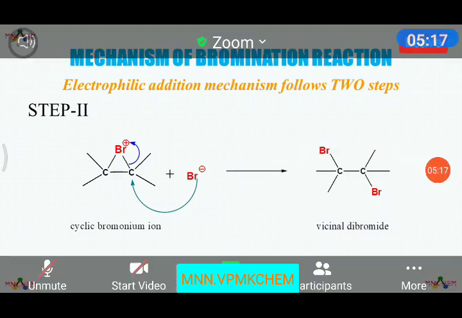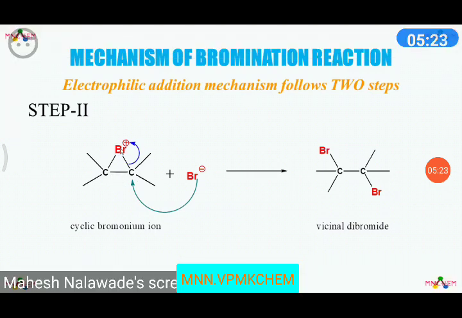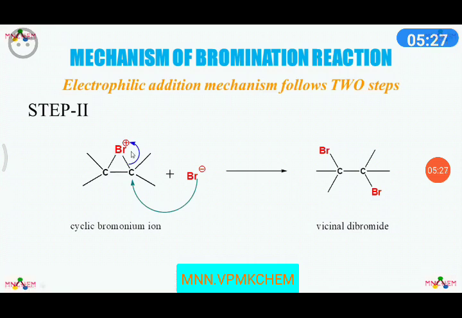Here, why do we call this anti-addition? Because in the cyclic bromonium ion, this upper side or upper face is completely blocked. So the bromide ion can have access from the below face only. And because of that, the product formed has the bromines in opposite planes.